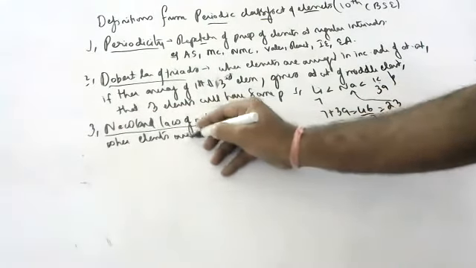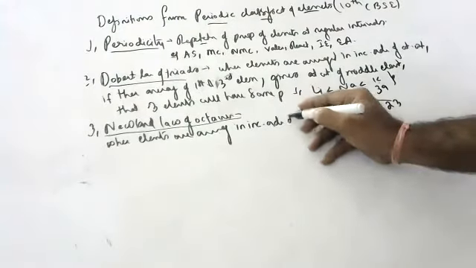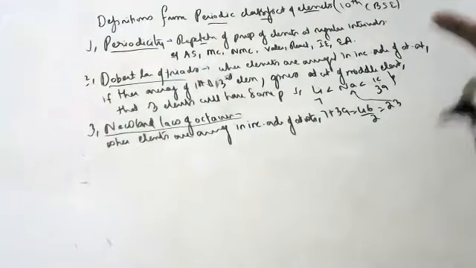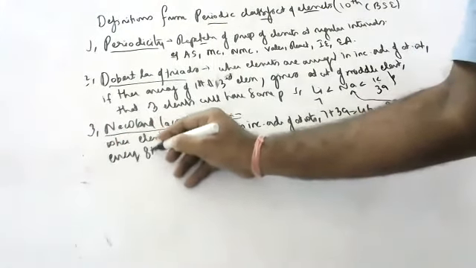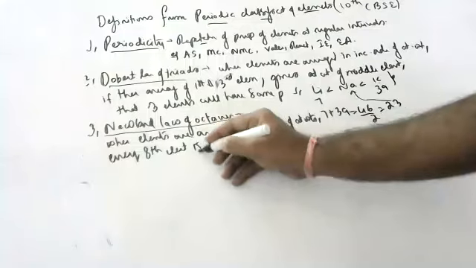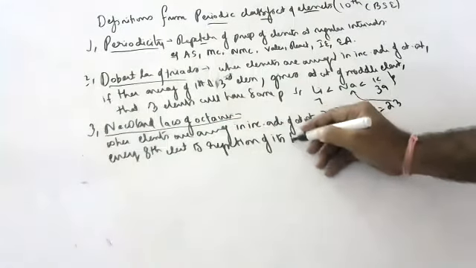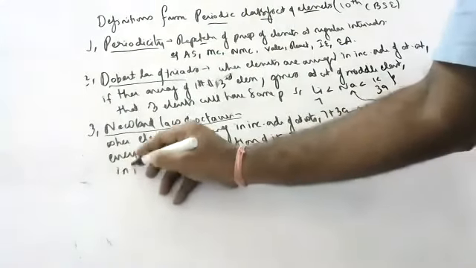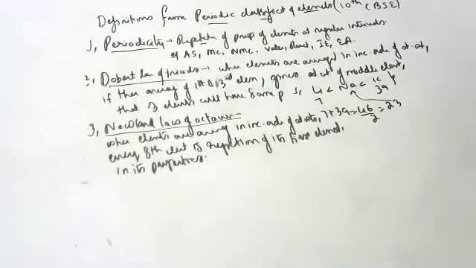Every eighth element is a repetition of the first element in its properties.